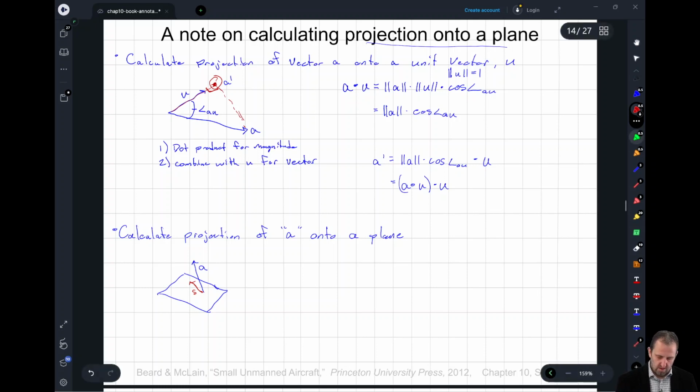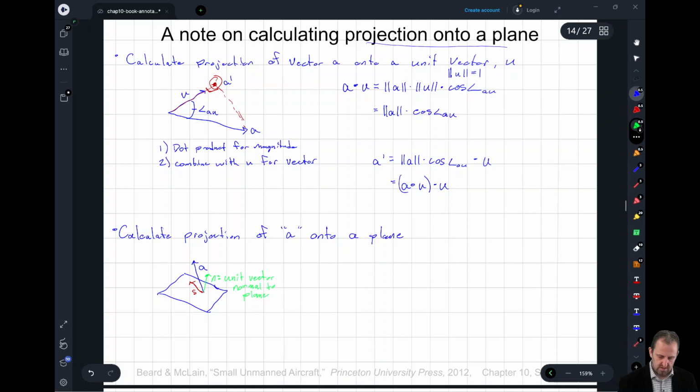Well, a plane is defined using a normal vector, and I'm going to say it's a unit vector normal to the plane. So we have our plane, we have a point on the plane, we have this vector S, which is the projection of A onto the plane.